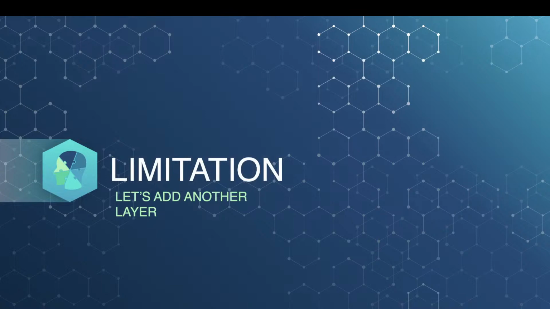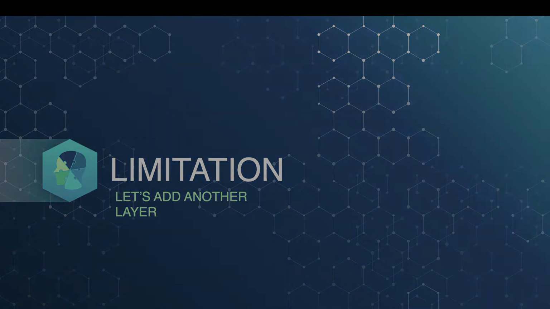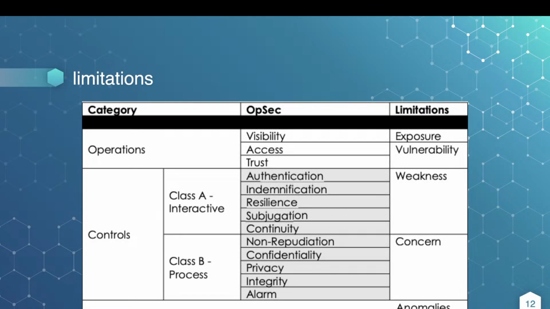Then we're not done yet. On those operational controls, we had limitations. So here we have the category in the left with the operations of the controls of Class A interactive controls and Class B process controls.